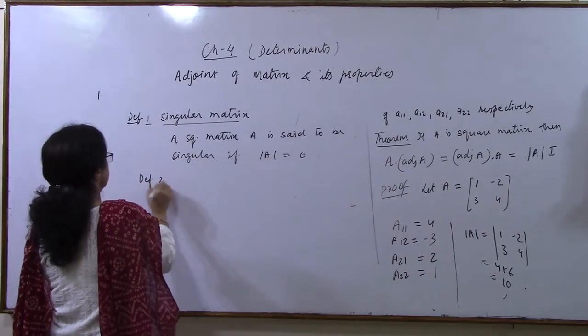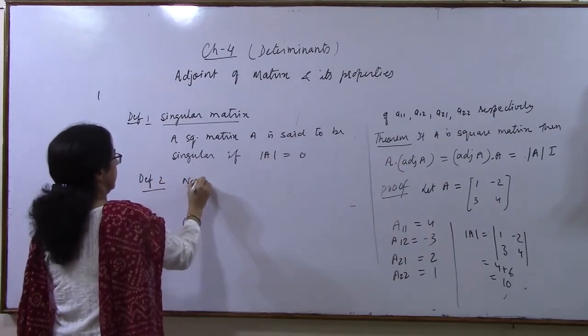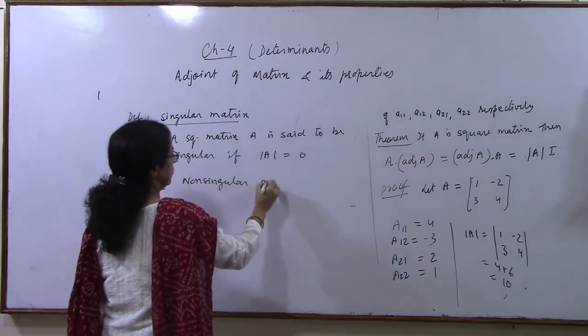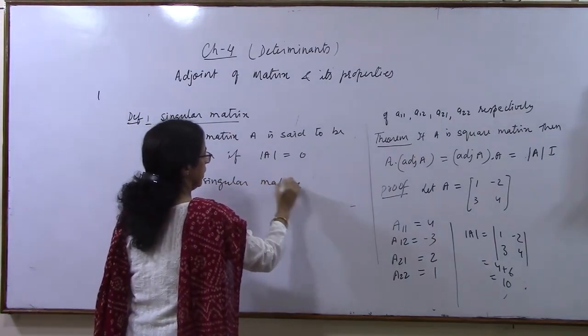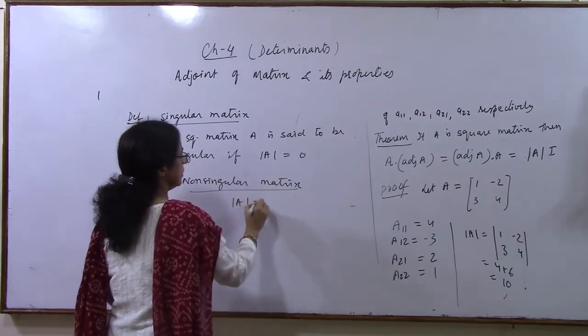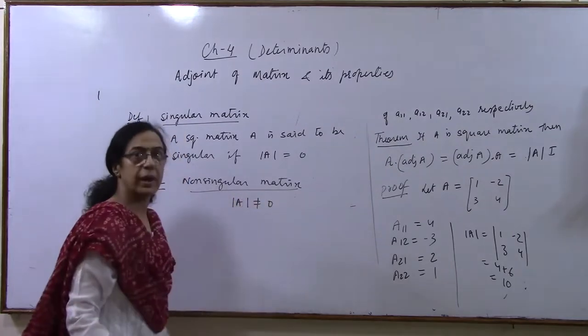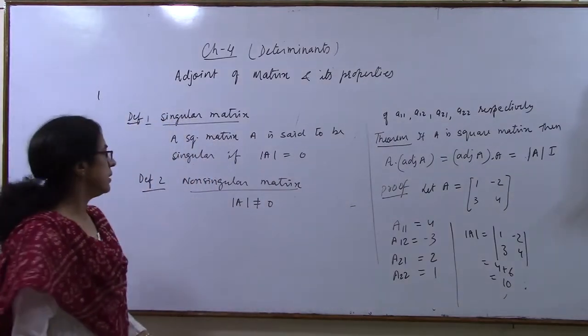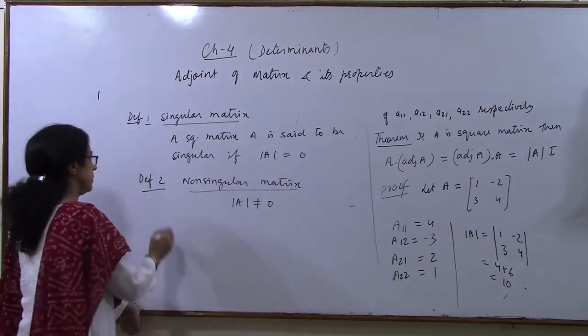Definition second, non-singular matrix. A non-singular matrix is one in which determinant A is not equal to 0. If A is a square matrix and determinant A is not equal to 0, then it is called a non-singular matrix.